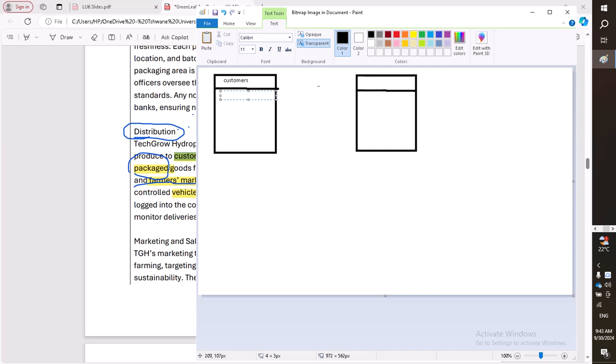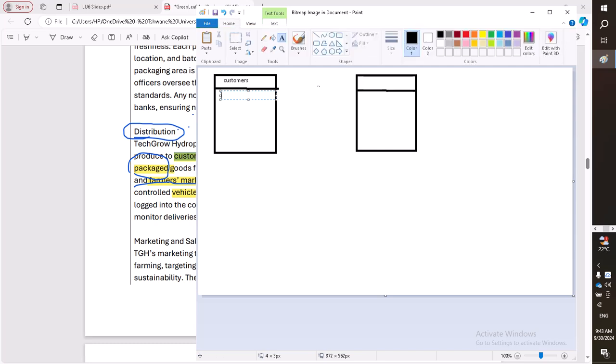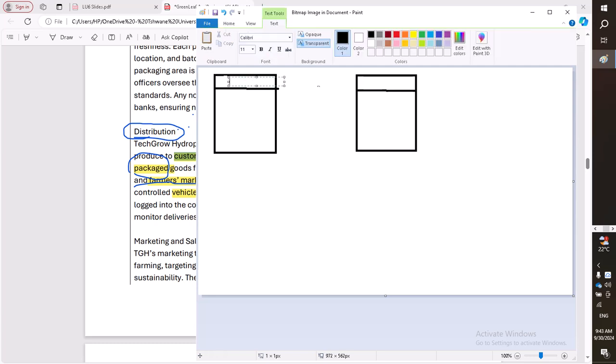The other thing you have to take note of when you are drawing the domain diagram is that the first letter of a class is always a capital letter. So here I made a mistake. I should make Customer have a capital first letter, because capital letters matter when you're drawing the domain diagram.